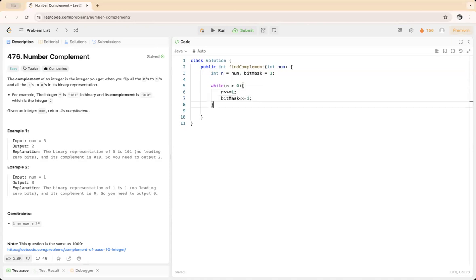Now, we will decrement that bit mask. Suppose this number is 3 bits, then the bit mask will be multiplied by 2 three times. So the bit mask eventually will become 2 to the power 3, that is 8. But we want all bits of the bit mask to be set, so we are decrementing 1.